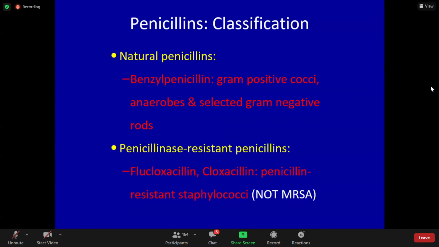Penicillinase-resistant penicillins are flucloxacillin and cloxacillin. Are you familiar with the term MRSA? Not yet. Methicillin-resistant Staph aureus. We'll touch on it later.